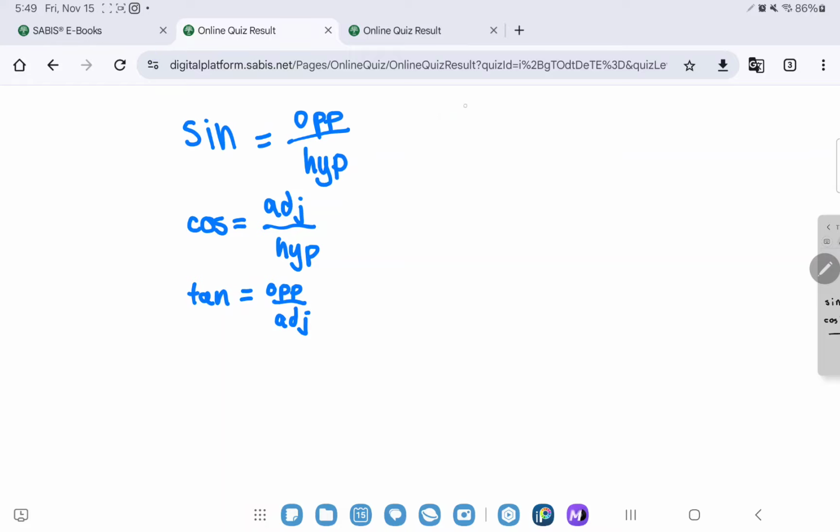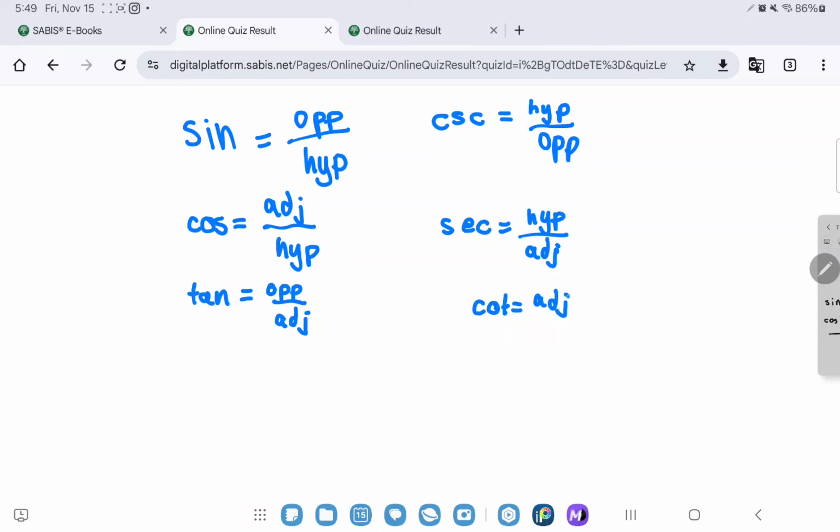Cosecant, which is the reciprocal of sine, is hypotenuse over opposite. Secant is hypotenuse over adjacent. Cotangent is adjacent over opposite.